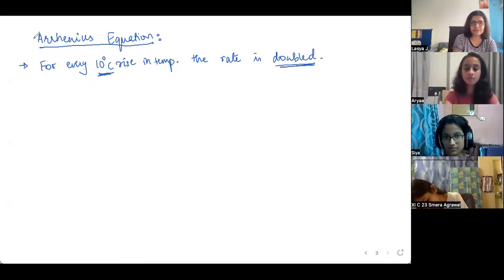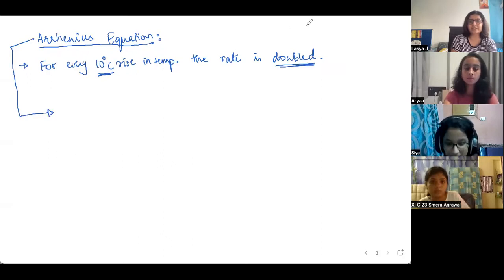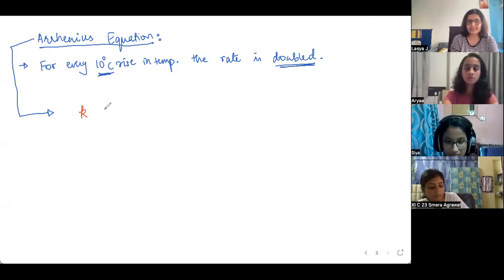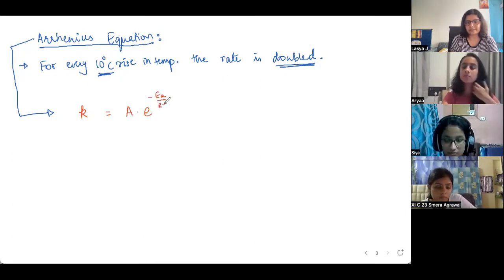Arrhenius was the one who finally gave a relation between both. He postulated that K is equal to A into e to the power minus Ea by RT.